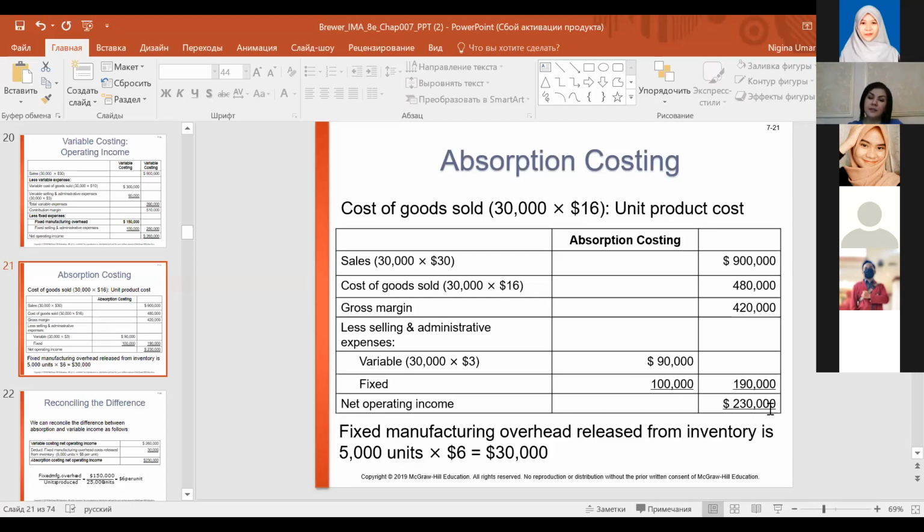Now you see that on the absorption costing system, net operating income is lower.